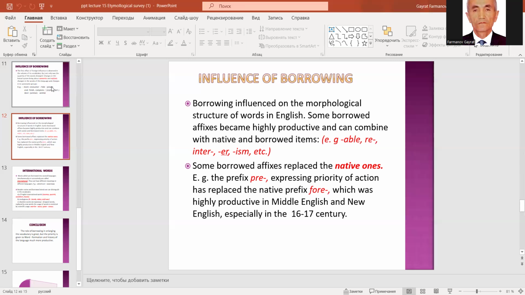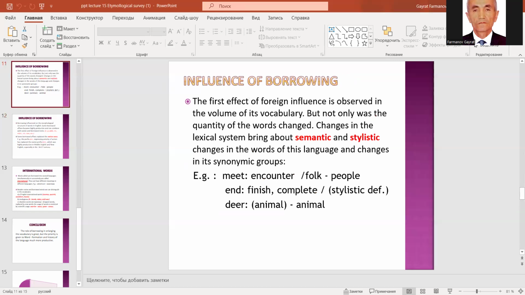Influence of borrowings, it is important. It is interesting information. The first effect of foreign influence is observed in the volume of its vocabulary, but not only was the quantity of the words changed.